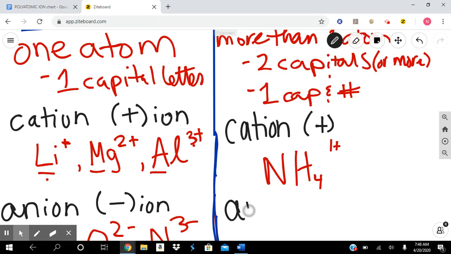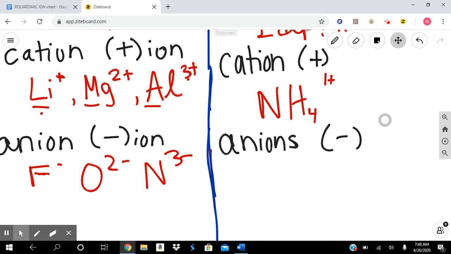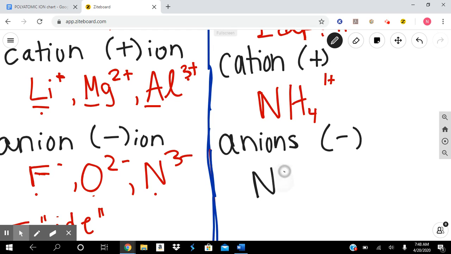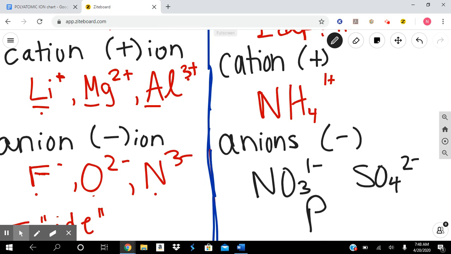Or anions. There are so many anions on that chart. Basically, everything else is an anion. So an anion could be nitrate, NO3, 1 minus. It could be sulfate, SO4, 2 minus. Could be phosphate or phosphite, PO4, 3 minus.